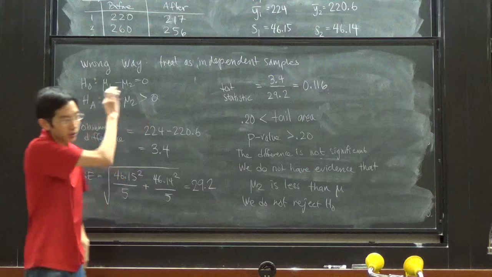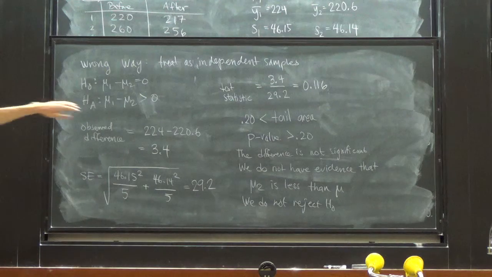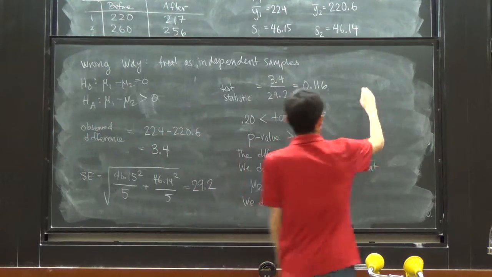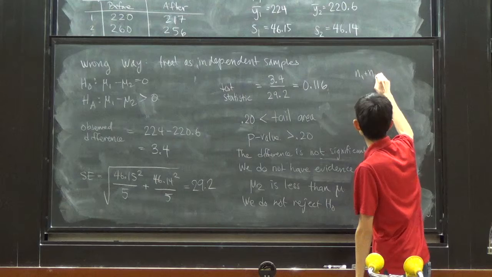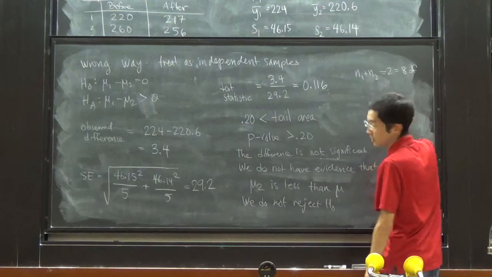Okay. But I told you this is the wrong way of doing it. Yes? So we have a test statistic of 0.116. Here we would do n1 plus n2 minus 2, and that would have 8 degrees of freedom.